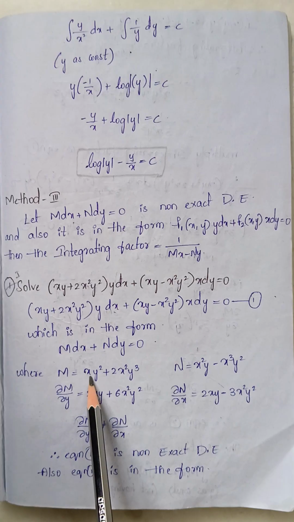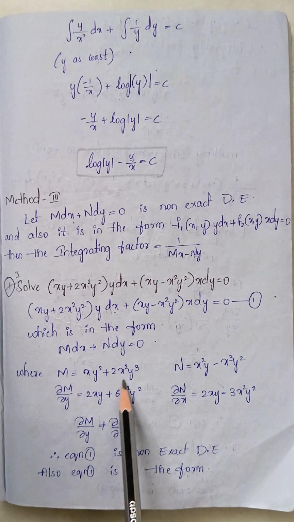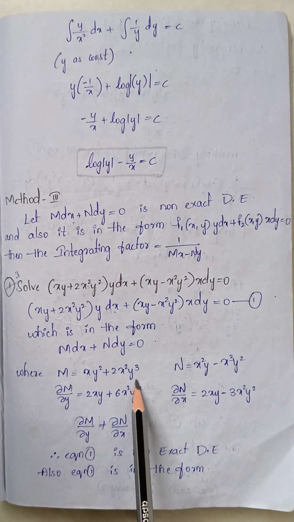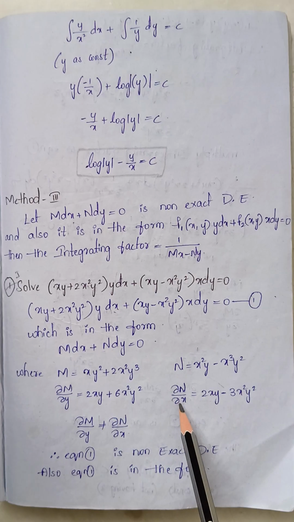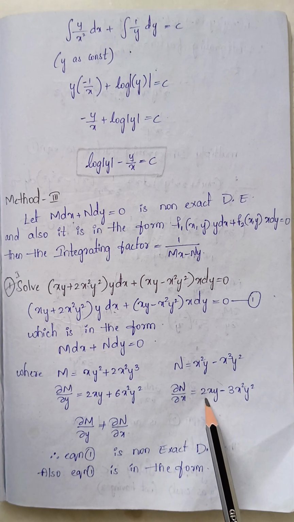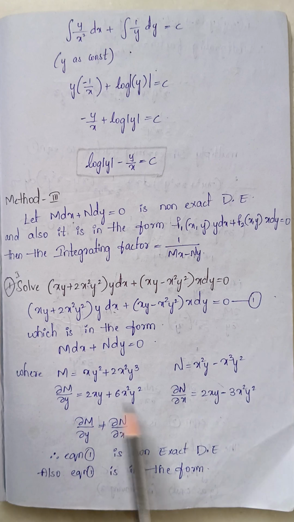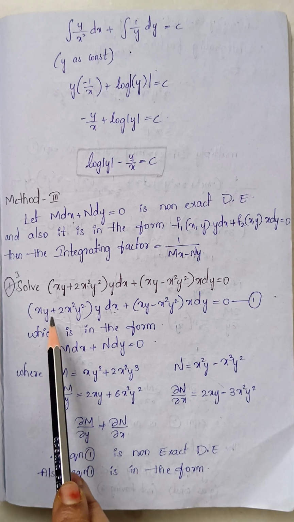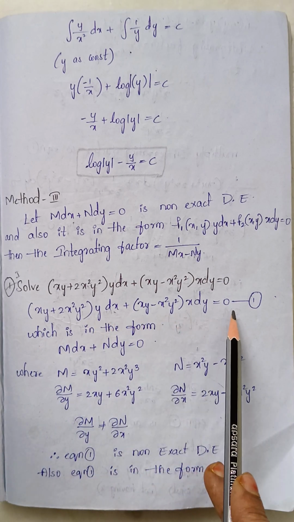With respect to y, x is constant here, y squared derivative is 2y, and with respect to y, 2x squared is constant, and this is 3y squared, 3 twos are 6x²y². ∂N/∂x: with respect to x, y is constant here, x squared derivative is 2x. With respect to x, y squared is constant as it is, x cubed derivative is 3x². So these are not equal, that's why it is a non-exact differential equation, and also it is in the form of a function into y dx plus another function into x dy equal to 0.